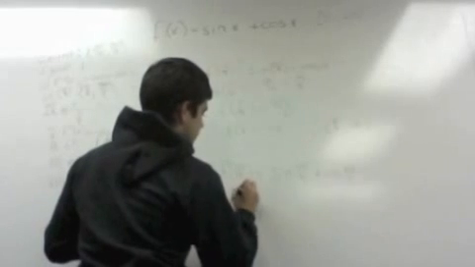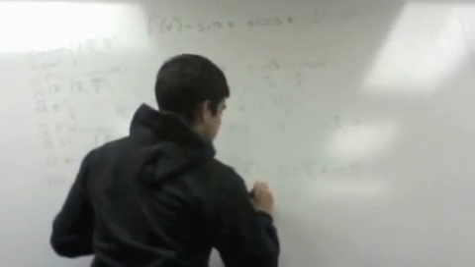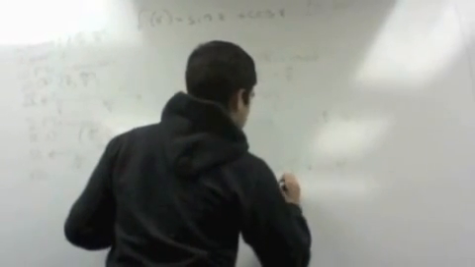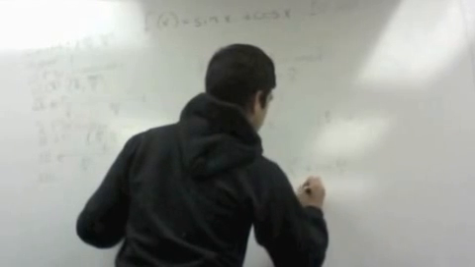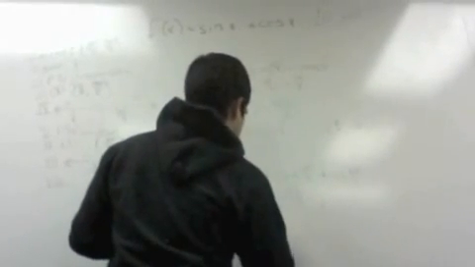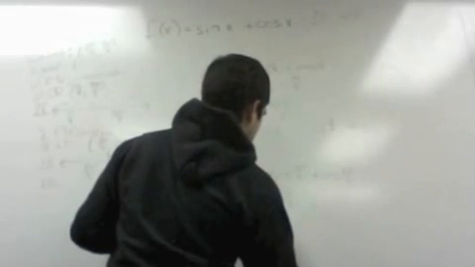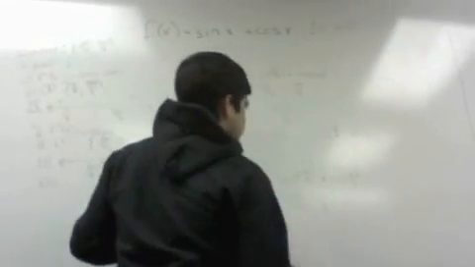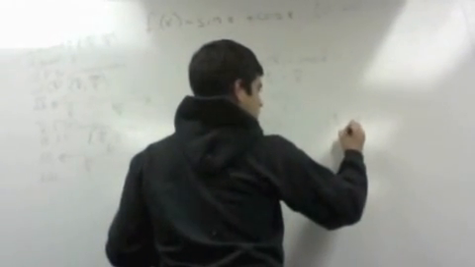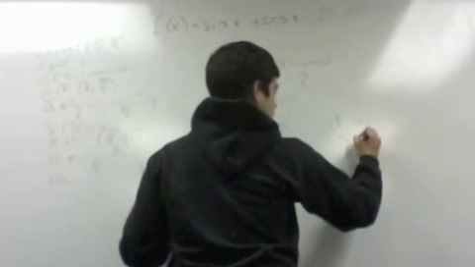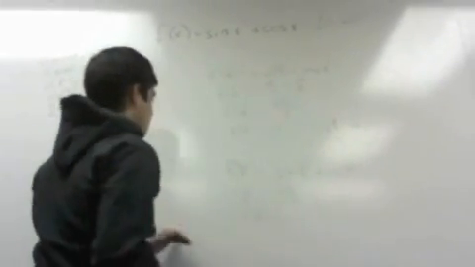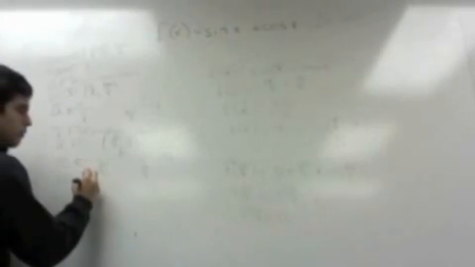And we have that the value would be negative square root of 2 over 2 minus the square root of 2 over 2. And at the end, it's negative square root of 2. So these are the two values.